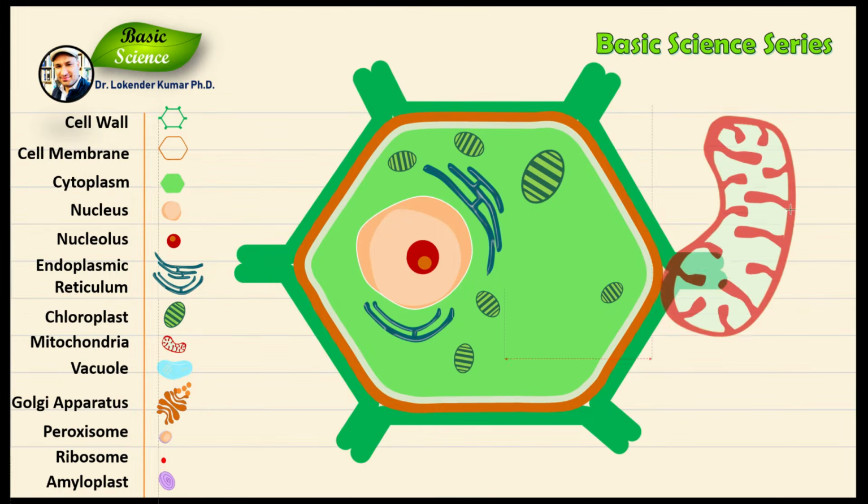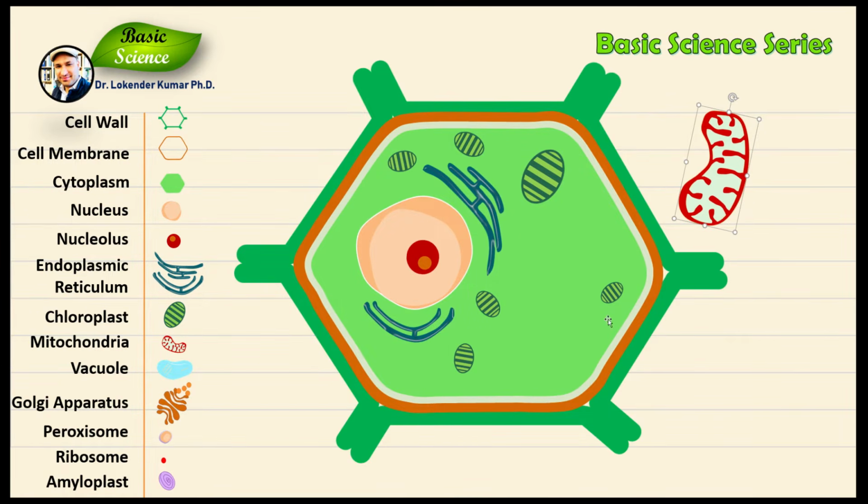So what is this? This is the mitochondria. Mitochondria is the most important organelle because it is also known as the powerhouse of the cell. The largest supply of ATP molecules is generated by this organelle. That is why it's also known as the powerhouse of the cell. So it is basically the organelle that generates the chemical energy for the cell.